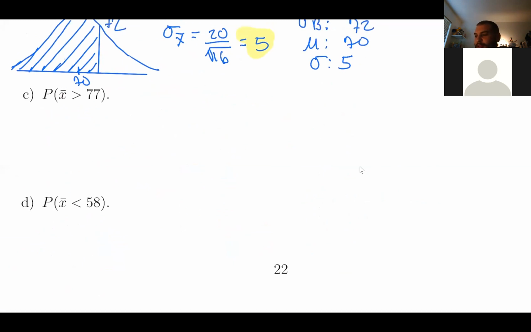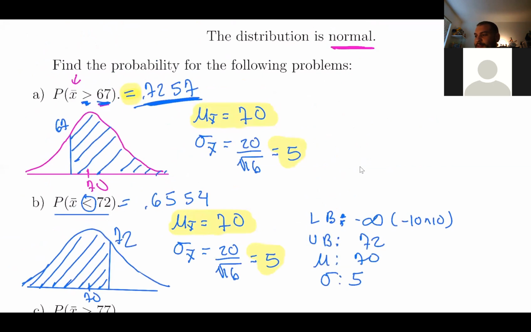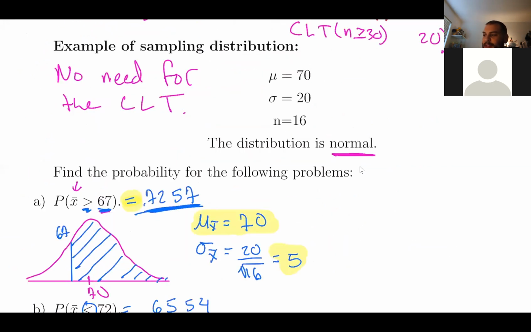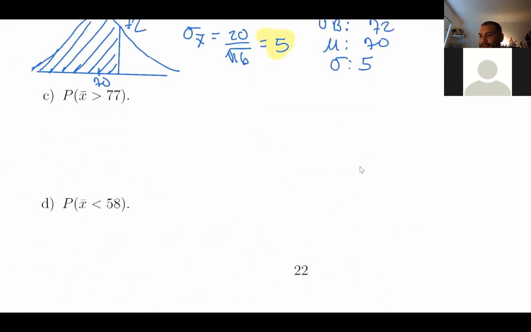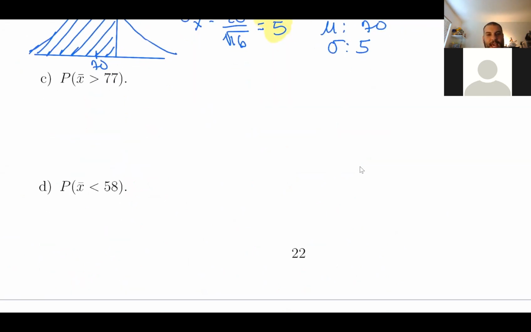The way we got 16 people is the problem tells us it's 16 people. It's right here. They tell us that n is equal to 16.